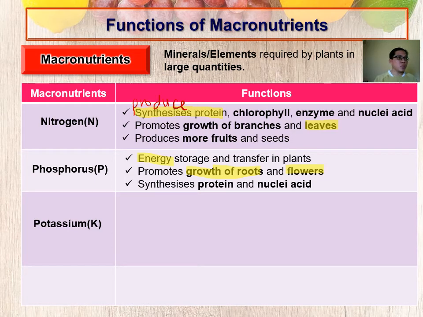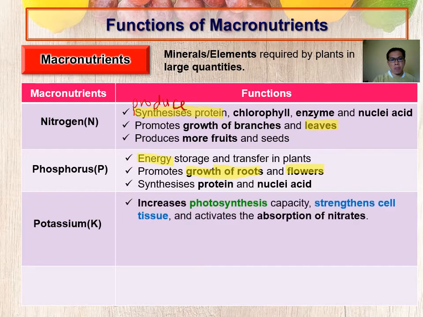Okay, number 3 is potassium, which is known as kalium. Potassium juga kita panggil sebagai kalium. The symbol K is kalium. So what is the function of potassium? Increases photosynthesis capacity, strengthens cell tissue, and activates the absorption of nitrates.